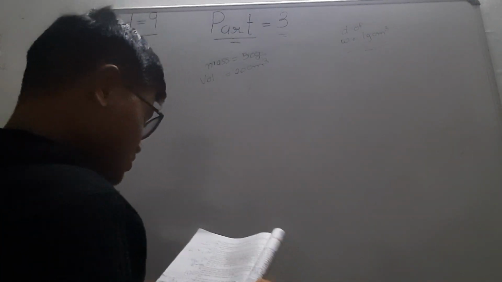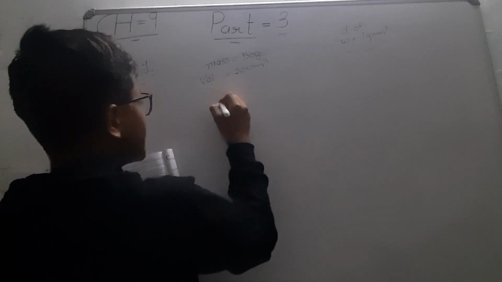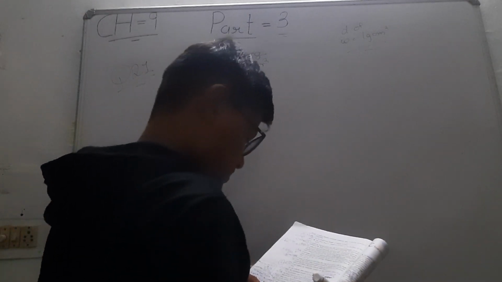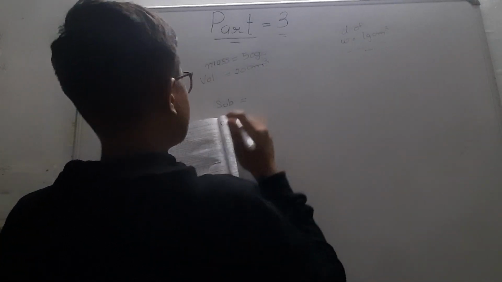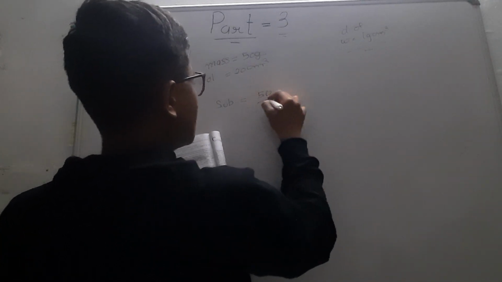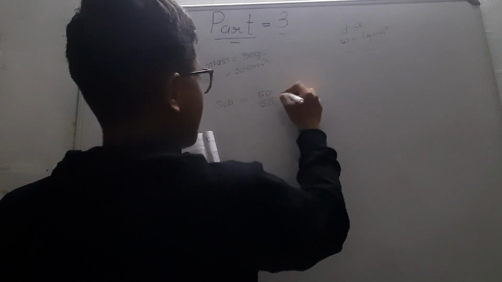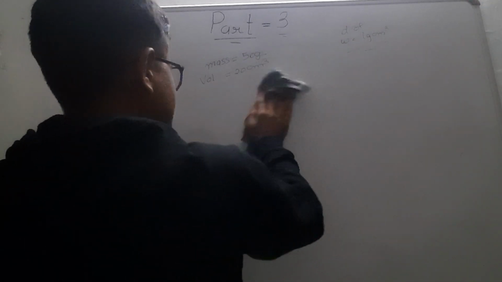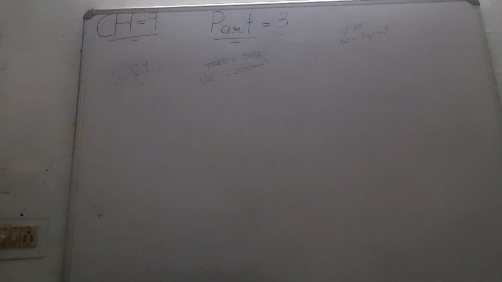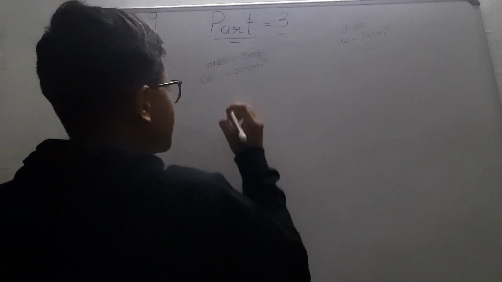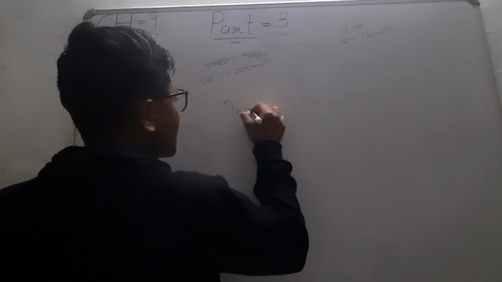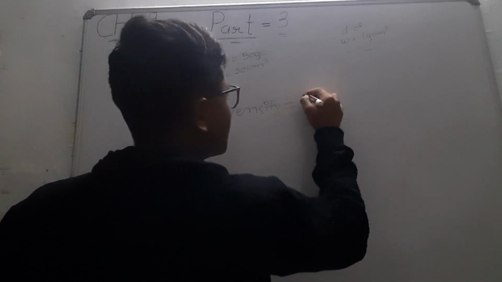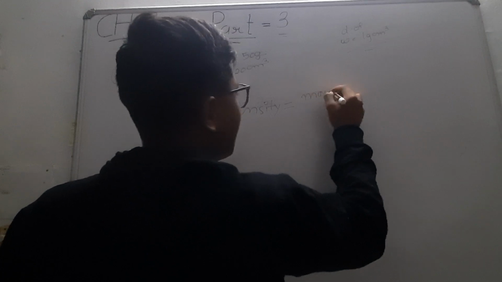So let's take out the density. What is the formula of density? Mass upon volume.